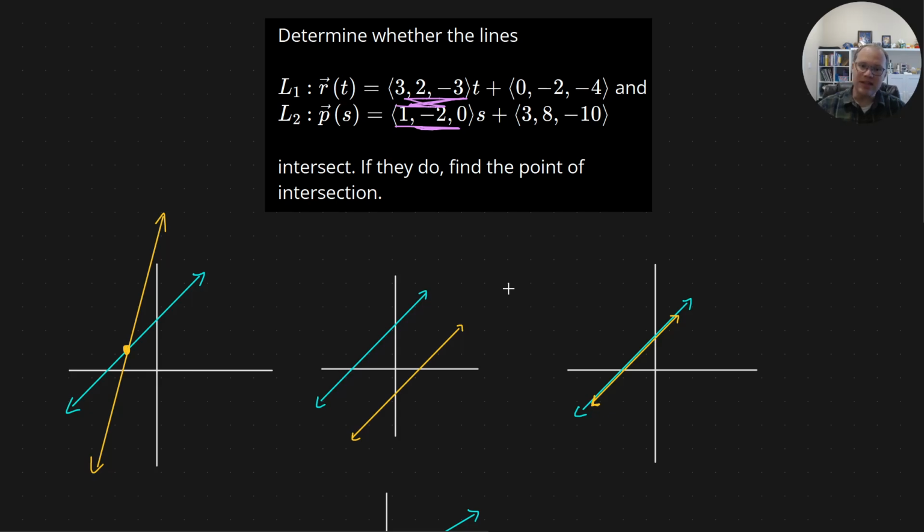If they're pointing the same direction, which is what they would be doing if they are parallel or the same line, then their direction vectors are going to be scalar multiples of each other. So let's start by testing if these two direction vectors are scalar multiples of each other.